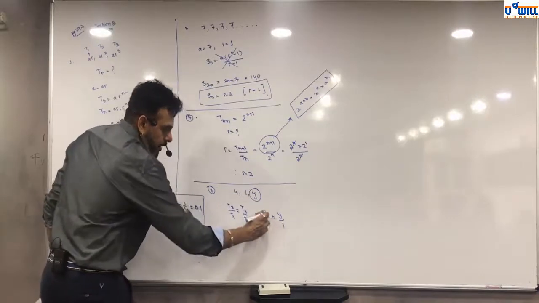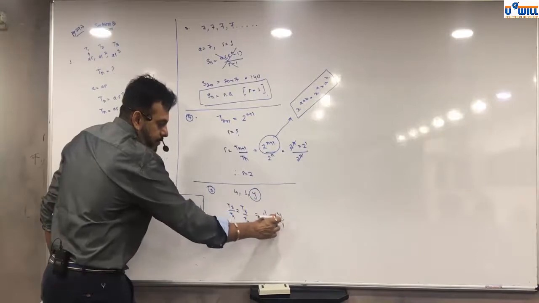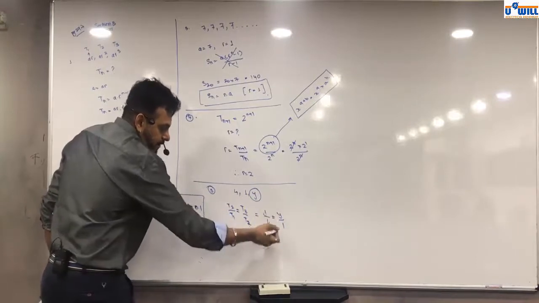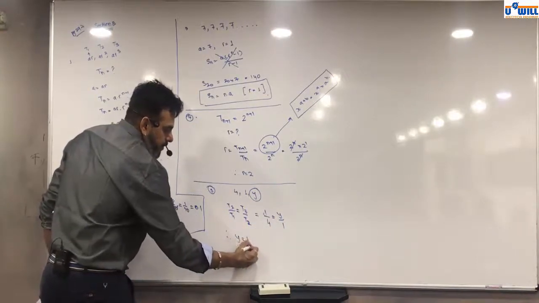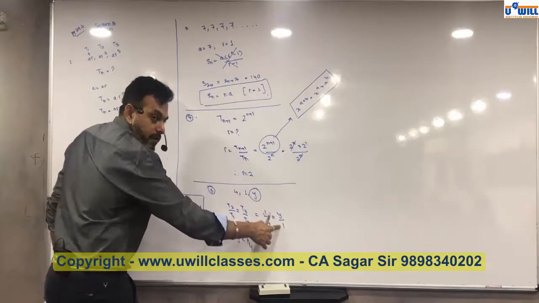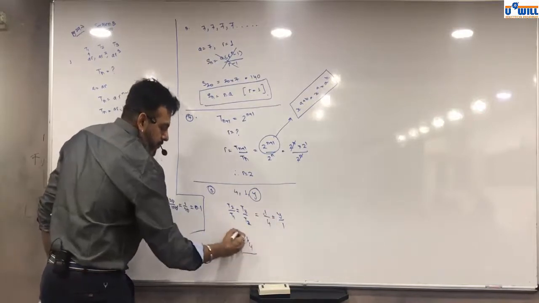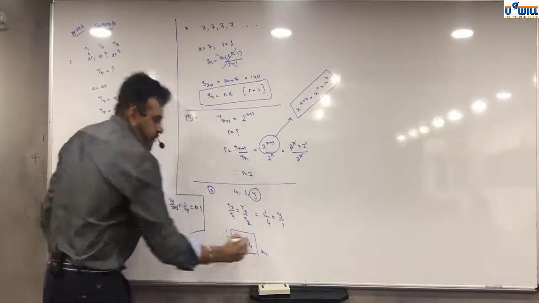Therefore, 1 will come here, 1 will remain 1, 4 will come here, and directly we can do it. Y is equal to 1 by 4. This 1 has no importance, so y is equal to 1 by 4. Answer.